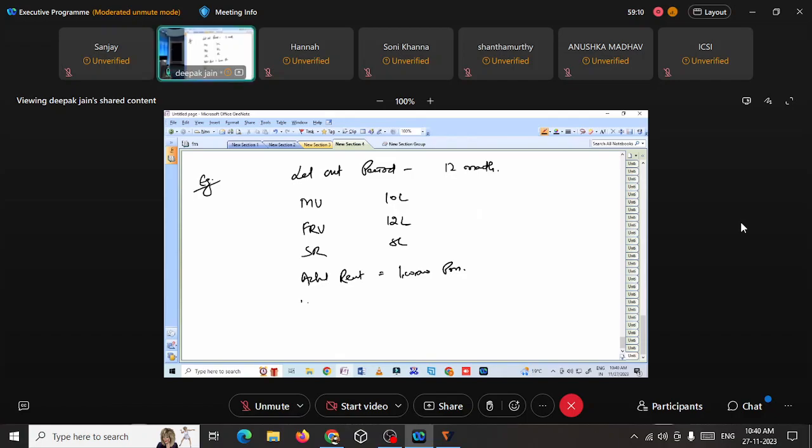Unrealized rent, let us say for 1 month, that is 1 lakh. Rent of the last month is unrealized. Compute GAV.